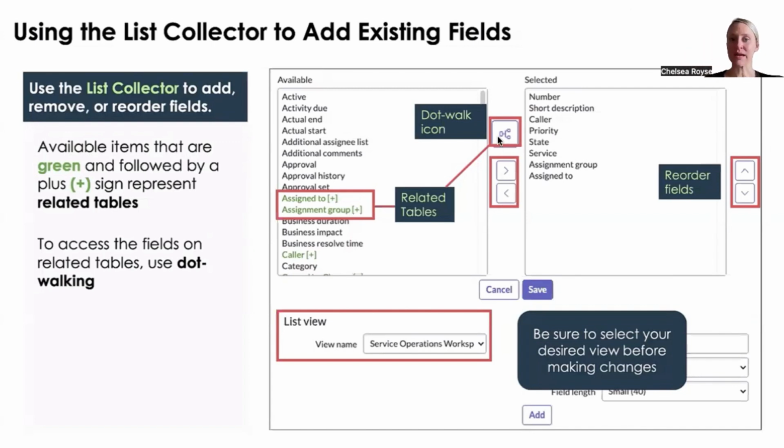This dot walking icon will allow you to click which one you want, and it'll show you related tables. And on your list view, make sure you select your desired view before you make the changes, and that you have the correct order that you would want. And this is how you are configuring a form inside of ServiceNow.